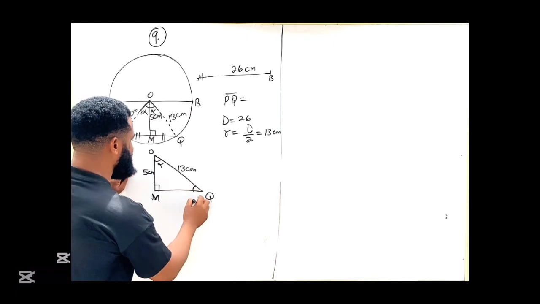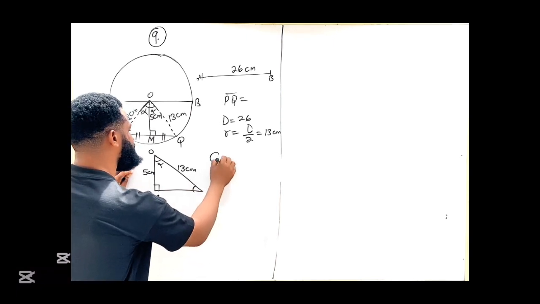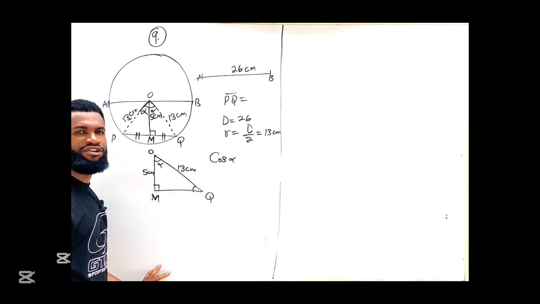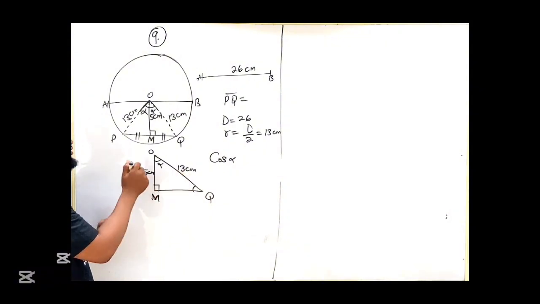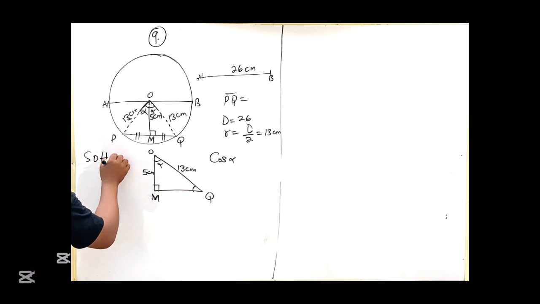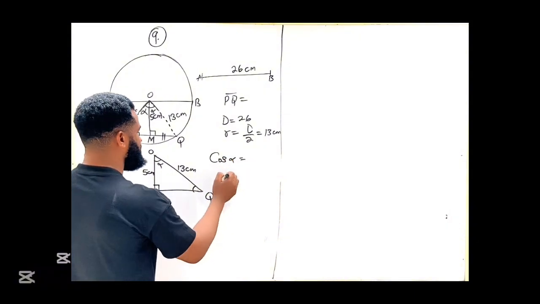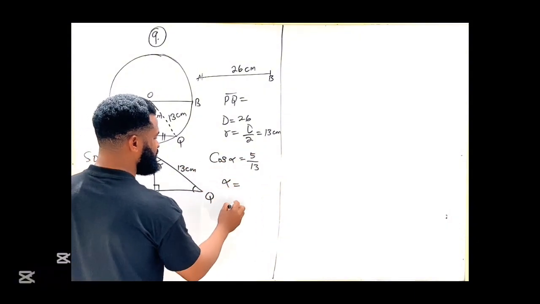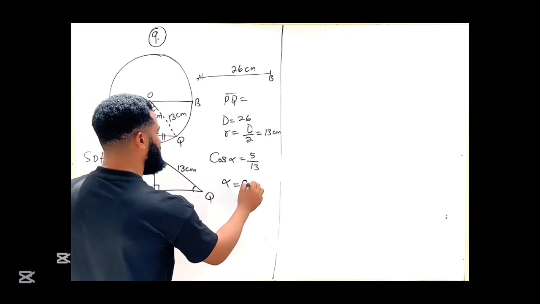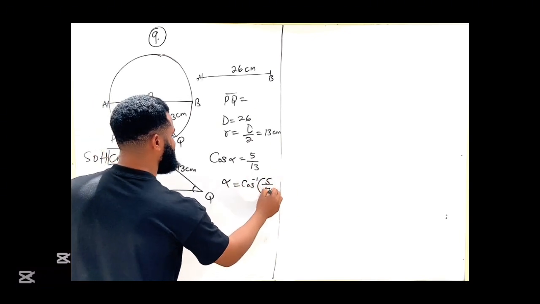So I will say that cos alpha. Somebody will ask, why use cos? Why not tan? Why not sine? This is adjacent and this is hypotenuse. From SOH CAH TOA, CAH is adjacent and hypotenuse. So that is equal to 5 over 13. Alpha is going to be cos inverse of 5 over 13.